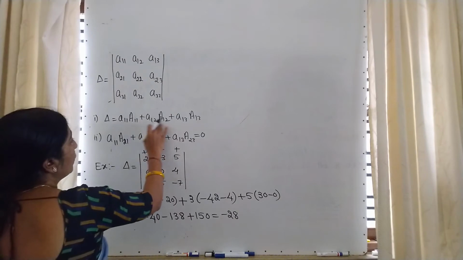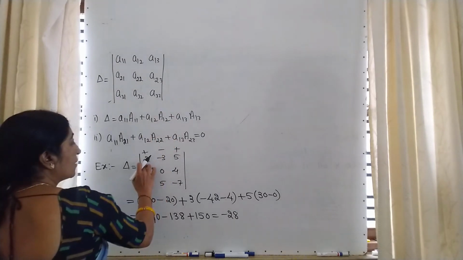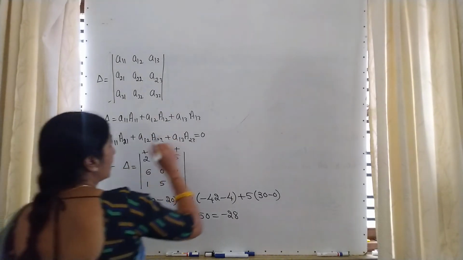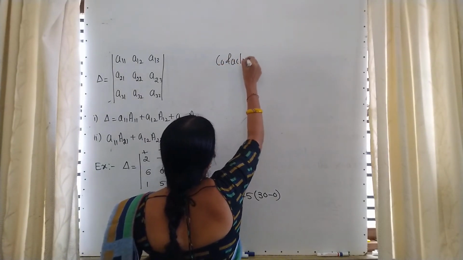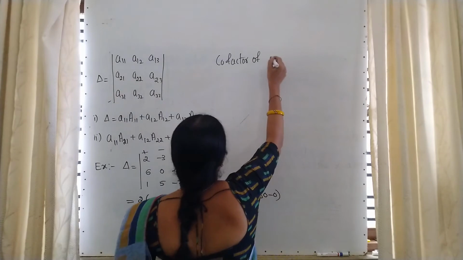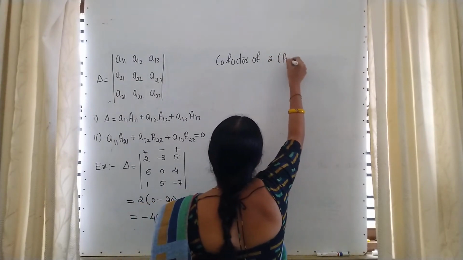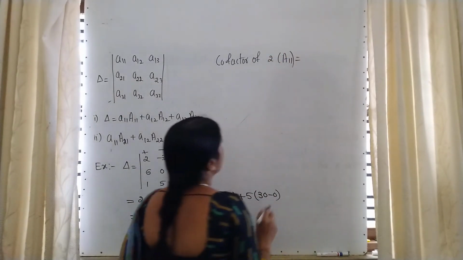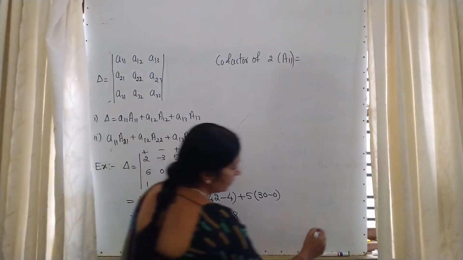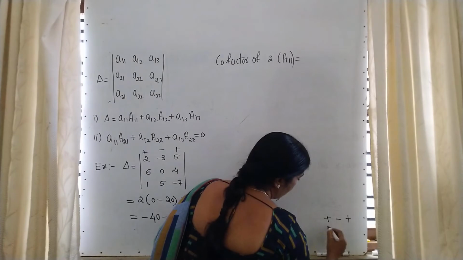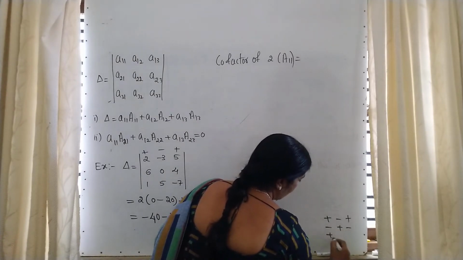We are moving to the first one. So for that I am writing the cofactor of the first three elements. Cofactor of 2. It is denoted by A11. And you know which sign table we have to use. Already you are familiar. For your reference I am writing here plus minus plus, minus plus minus, plus minus plus.